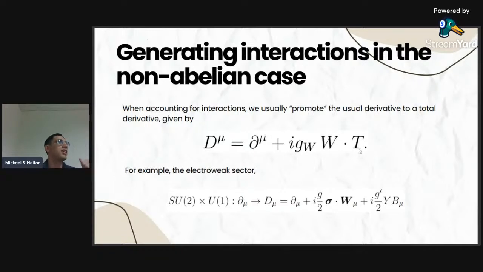Just like I said, the gauge bosons, when we're redefining the derivative, they come with the generators in the theory. For example, for the electroweak sector, we have this transformation for the derivative over here. Of course, this term here represents the SU(2), and this term here represents U(1).